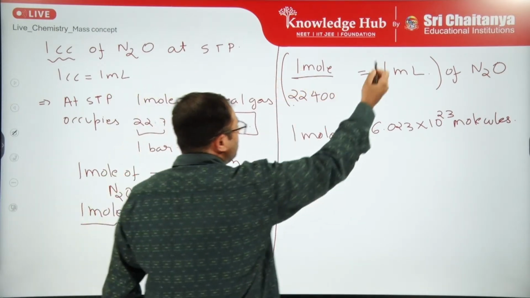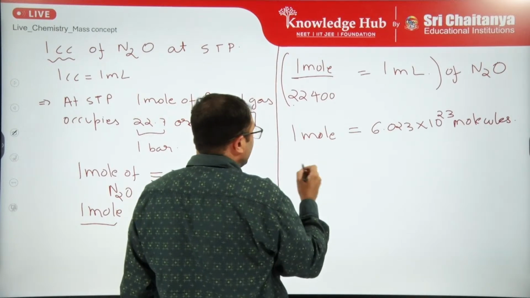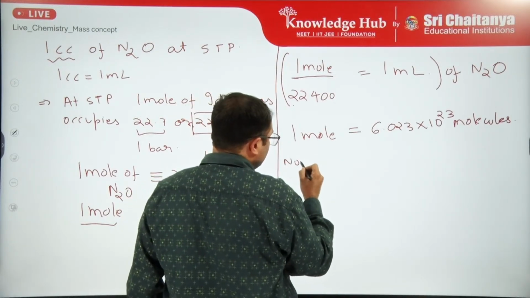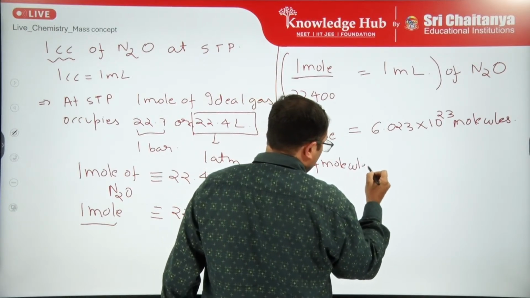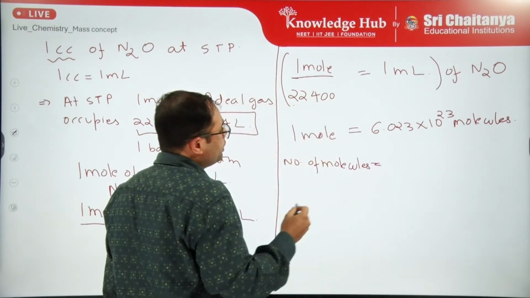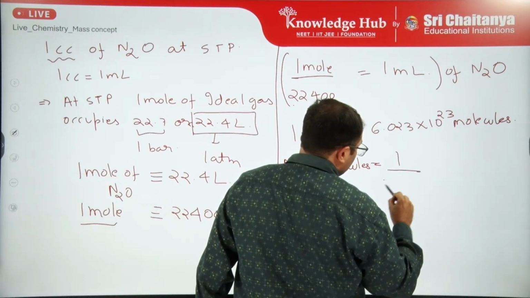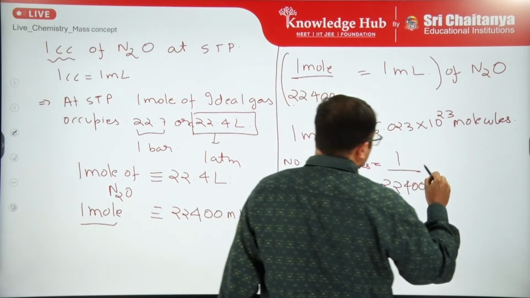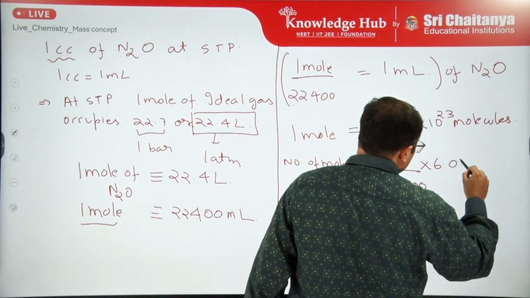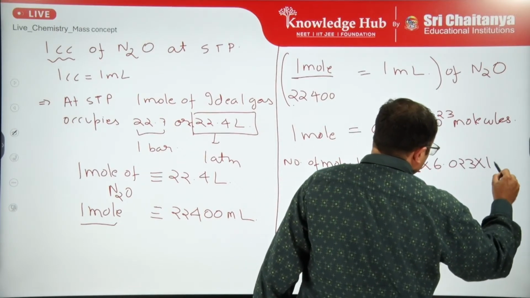Simply multiply it by this number. So for the number of molecules, it will be 1 by 22400 multiplied by 6.023 into 10 raised to power 23.